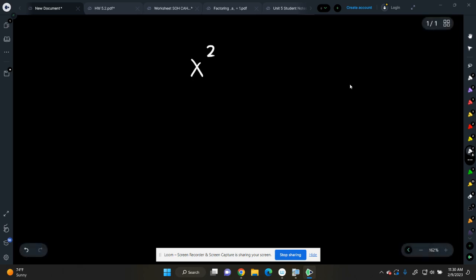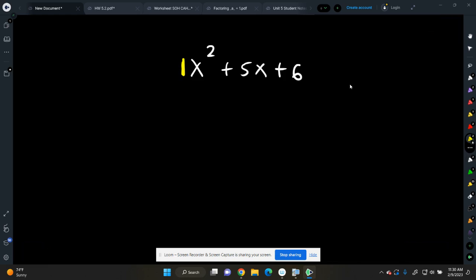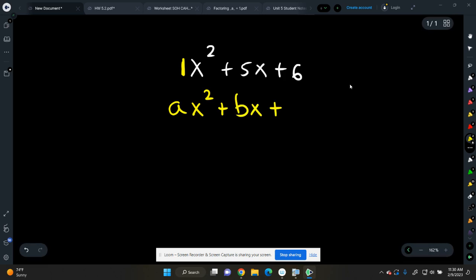So we have x squared plus 5x plus 6. Then in front of that x squared is a 1. That's what we're referring to. Remember, I showed you the other day, quadratic equation, we're using the form ax squared plus bx plus c. Patrick, put your iPad away, please.